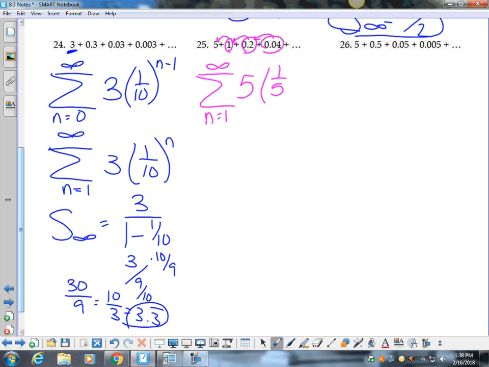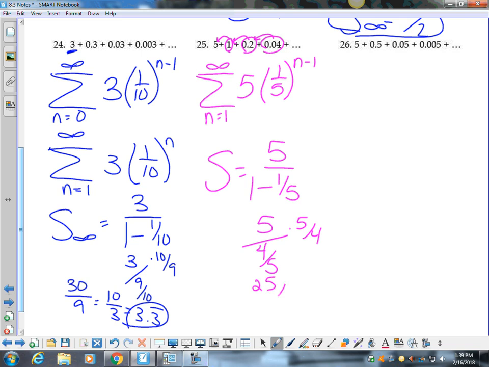So it's a 1/5 to the n minus 1. Plug in a 1. I'm going to get a 5. My r is a 1/5. Bojangles. 25 over 4, which is 6.25 even.